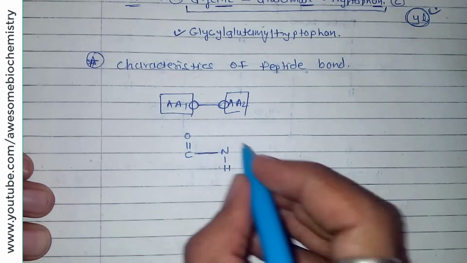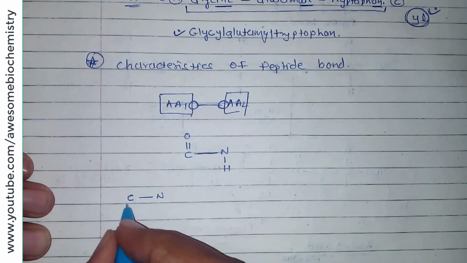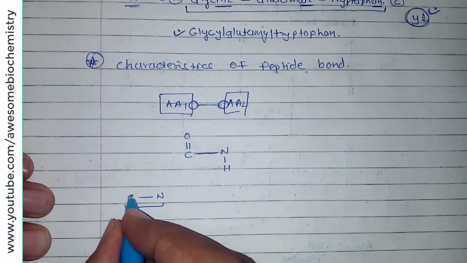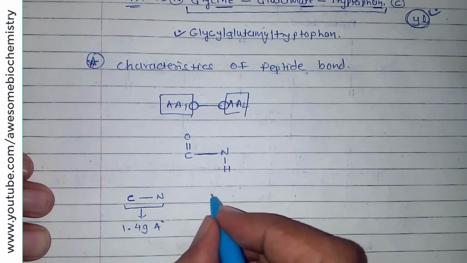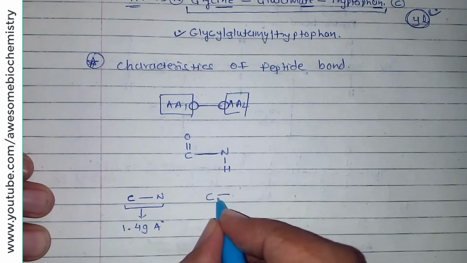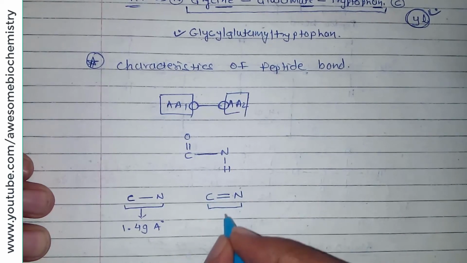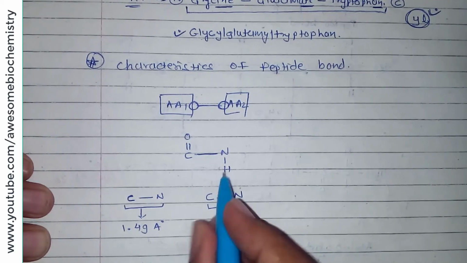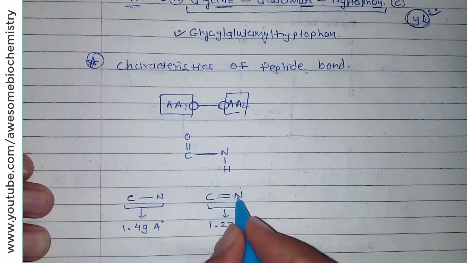Now what happens? Typically, if a single bond is there between carbon and nitrogen, its distance is 1.49 angstrom. Whenever there is a double bond between carbon and nitrogen, the distance is 1.27 angstrom. Now why? Because the double bond is stronger, so both atoms will be nearer to each other.